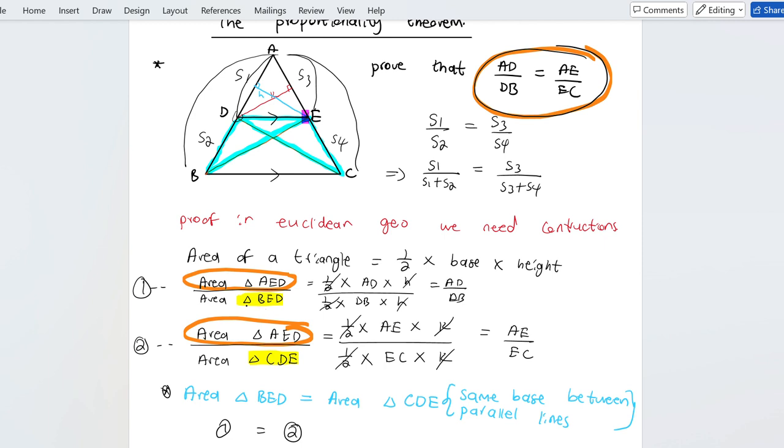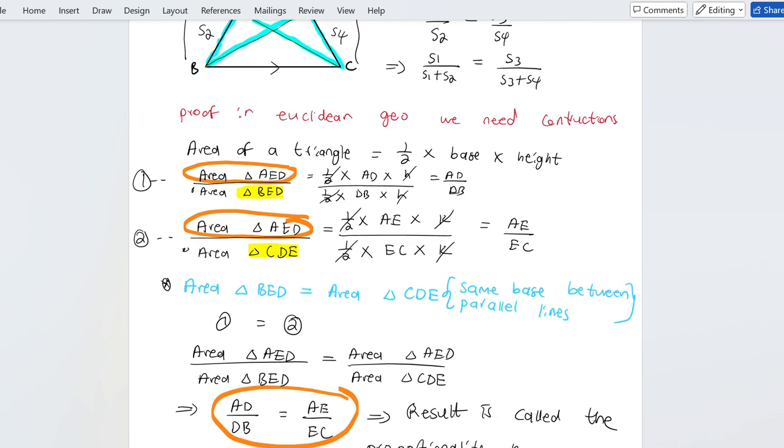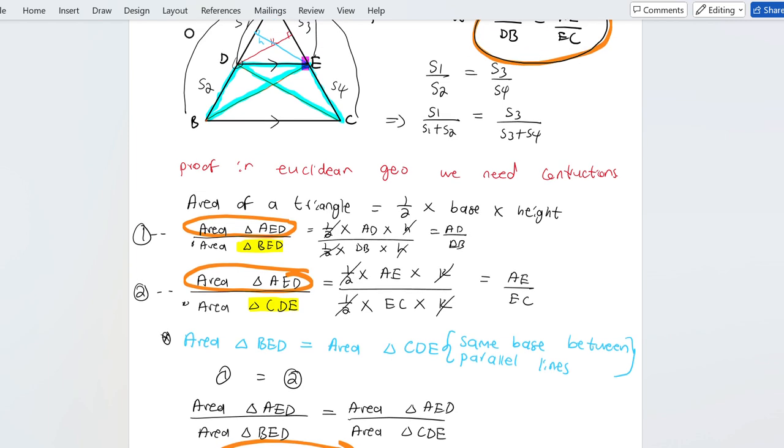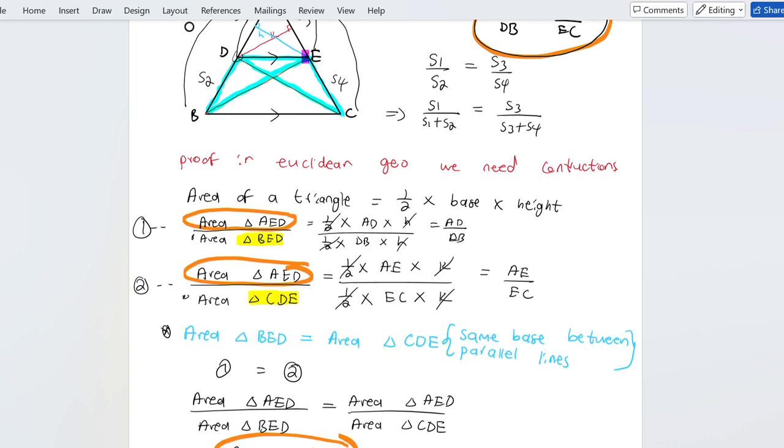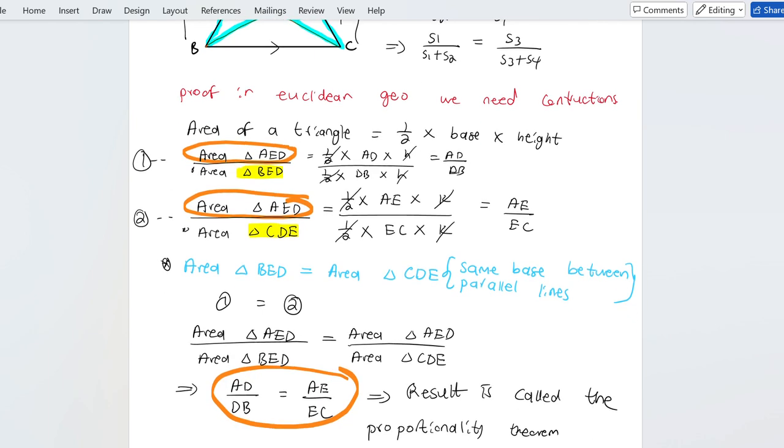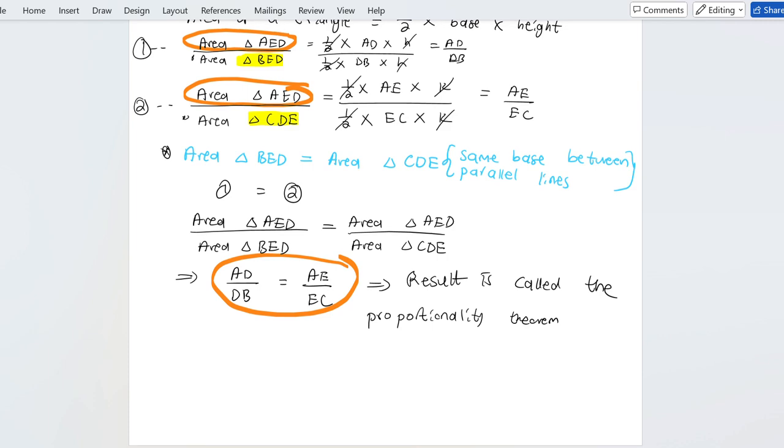Now after that, come to a conclusion that the area of BED and the area of CDE are equal. If they are equal, what is the reason for that? For every statement you make in geometry, you must give a reason. Same base, parallel lines. Triangles that lie between parallel lines and have the same base will always have the same area. And then you equate the two fractions, and the result is the proportionality theorem.